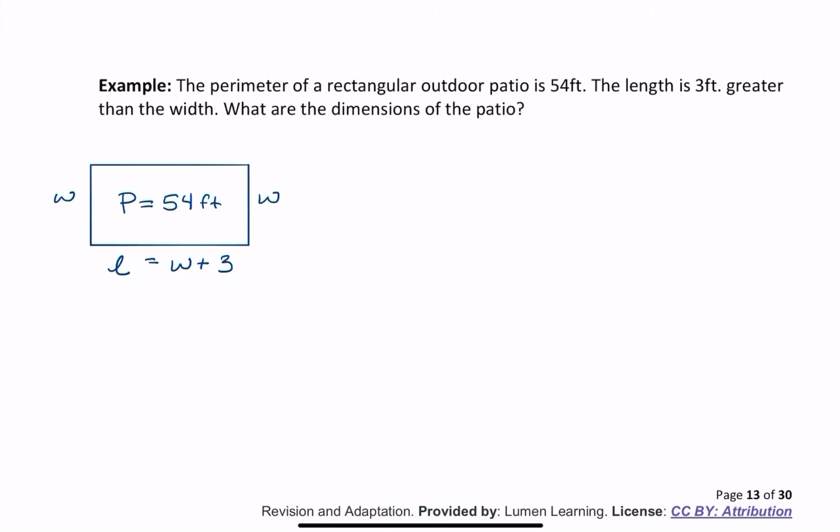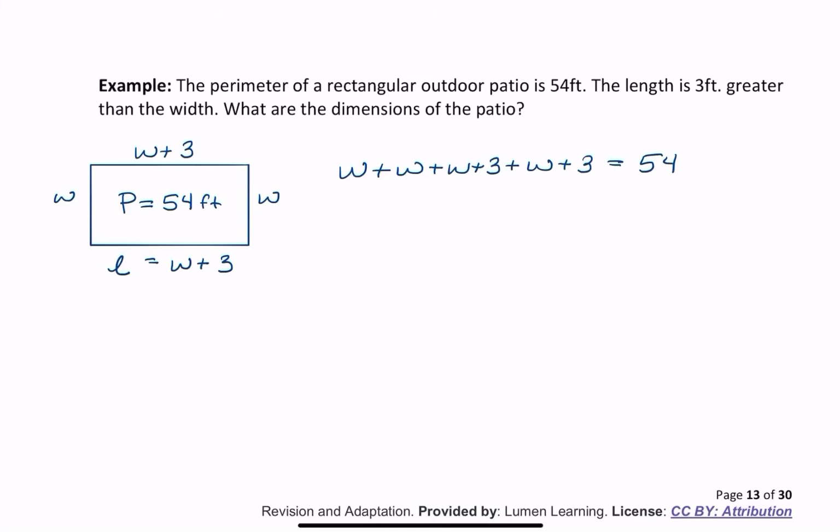And the reason why I will need that is so I can write an equation all in one variable. So if I'm going to find my dimensions, I'm going to find my width first, which if you add up all the sides, we know that that equals 54.